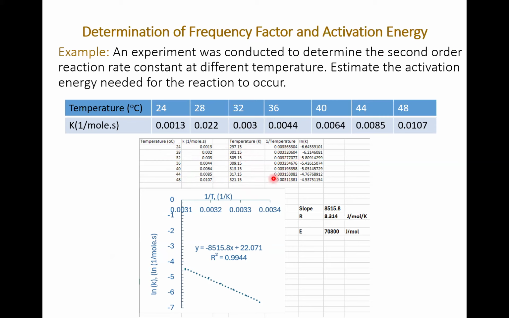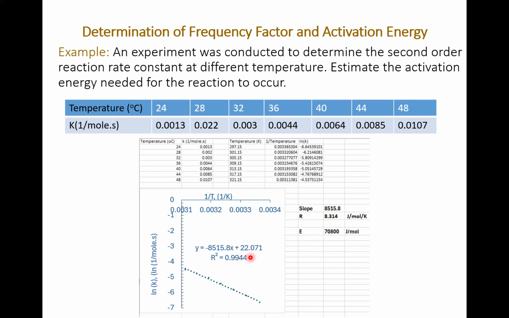And you have to get the inverse of these values, and you plot the value of natural logarithm of K. In this case, again, it is second order, and you can get this kind of line. After you plot the values, you can get the equation.